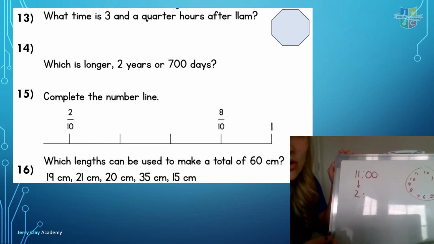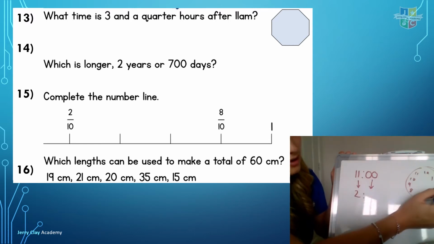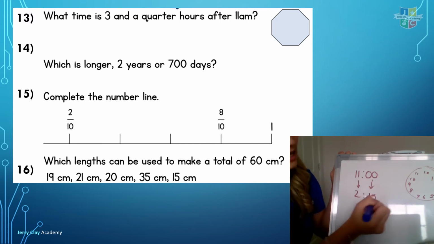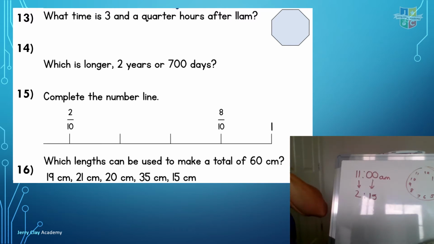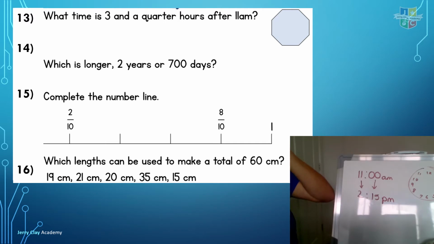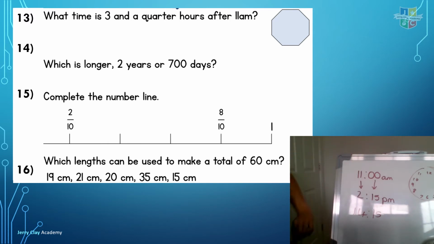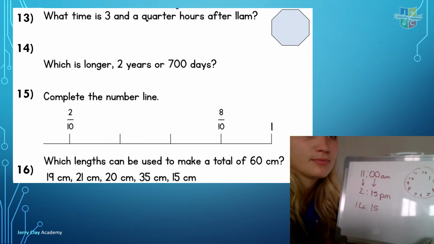And 1/4 hours, well, if it's going 1/4 hours, we know it's adding 15. So it's going to be 2:15. However, because it was 11 a.m, as soon as it hit that 12, it turns to p.m. So it should be 2:15 p.m. You could have also written it in 24 hours, so 14:15 to show that it is 2:15 in the afternoon. So either option there would have been fine.